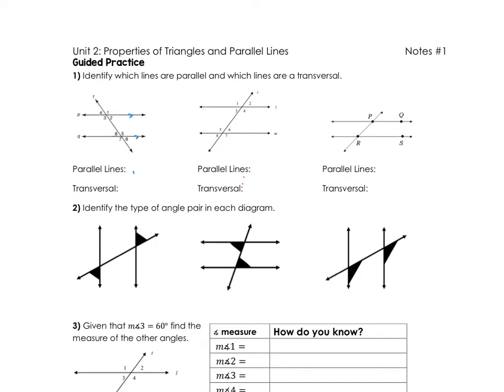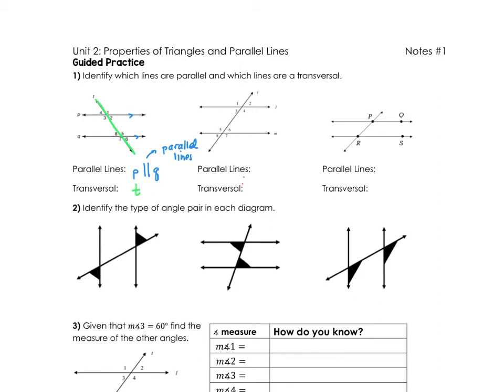Then we can say that line P is parallel to line Q. So that's a symbol for parallel. The transversal, again, is the line that intersects those 2 parallel lines. So line T is our transversal.